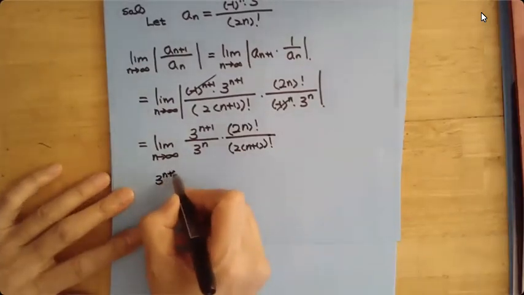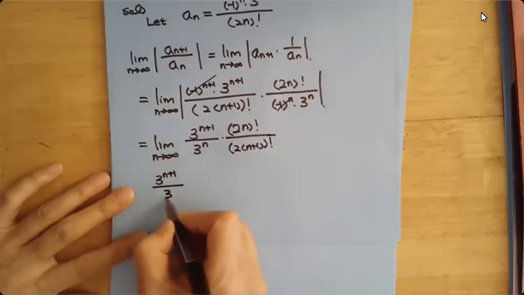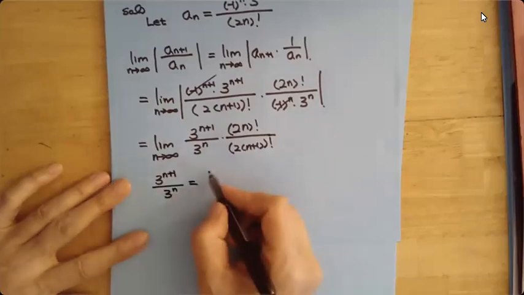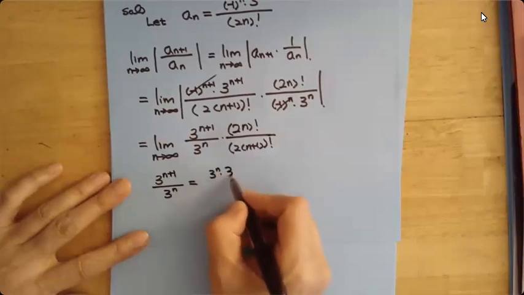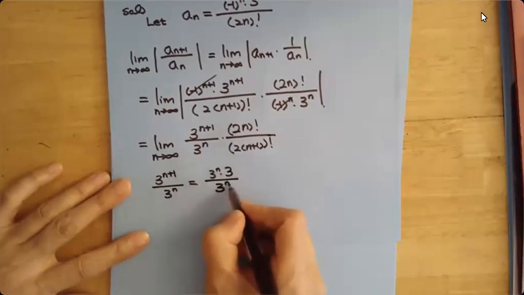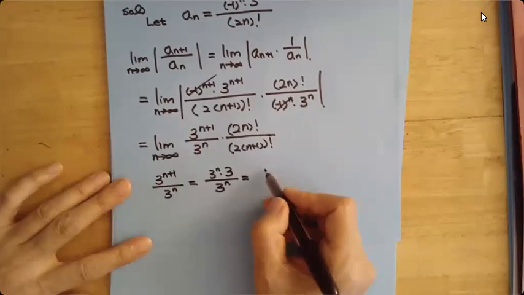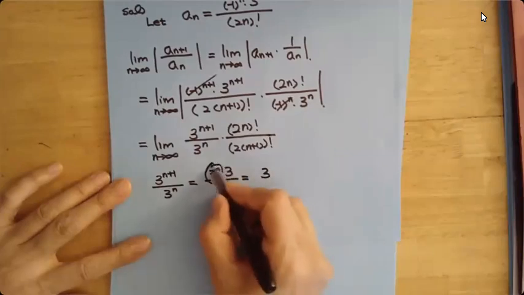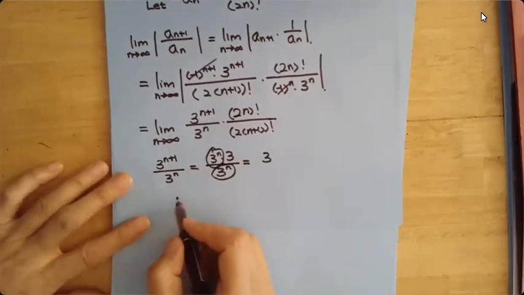3 to the n plus 1 over 3 to the n power is 3 to the n times 3 over 3 to the n power. So that is 3. So these two cancel each other.